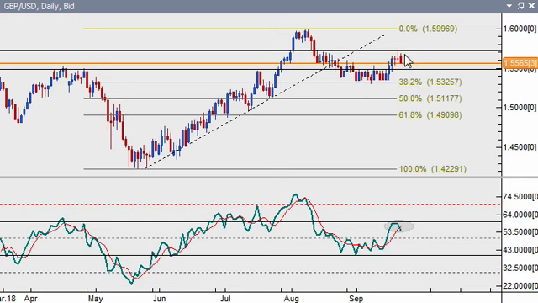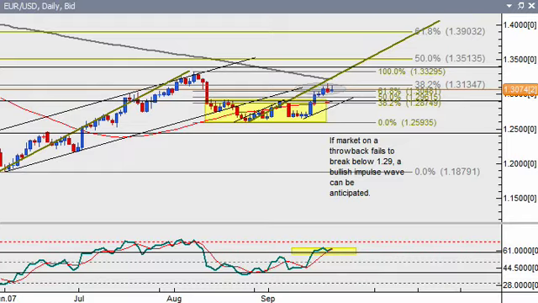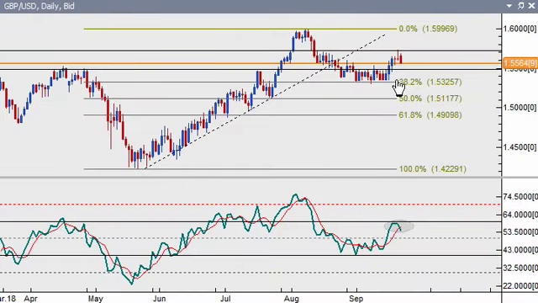So unless, and that's the other scenario looking at the 4-hour time frame, unless the market can be supported at 1.55, then it could still be bullish. If it breaks down below 1.55, it can continue to reach 1.53, which is, as we've seen in the daily, the low here. Okay, so that's the euro dollar and pound dollar pairs.